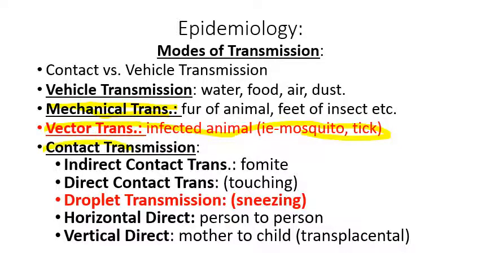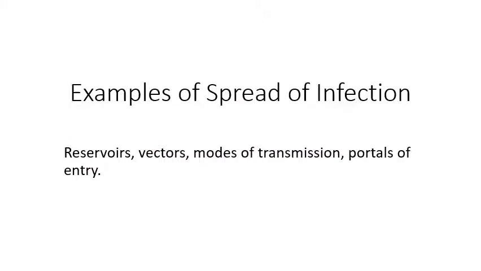Contact transmission: we have indirect contact transmission through fomites, direct contact transmission through touching, direct transmission through droplets, sneezing, and horizontal transmission, person to person, and vertical direct transmission from mother to child, which is known as a transplacental infection. Let's just look at a few common examples, and then we can finish off the section on epidemiology.